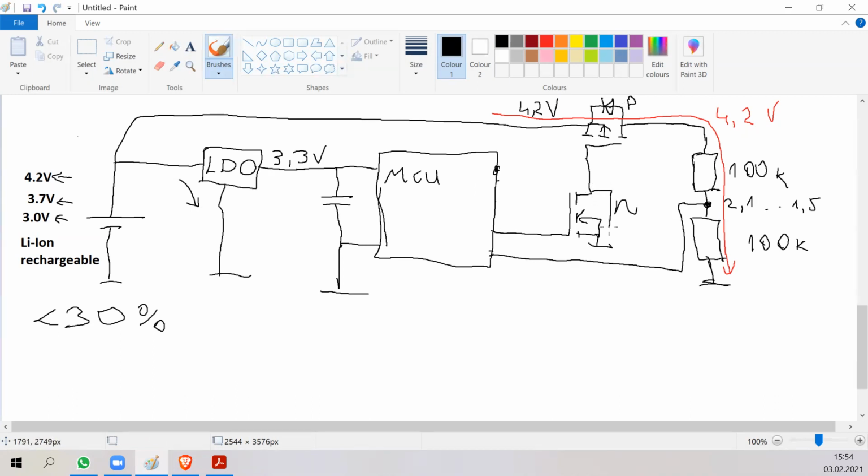So the protection diode is like this. And also we would add a pull-up resistor between here and here.